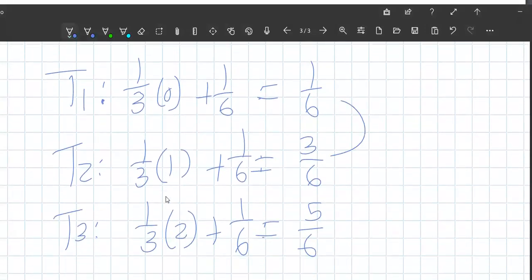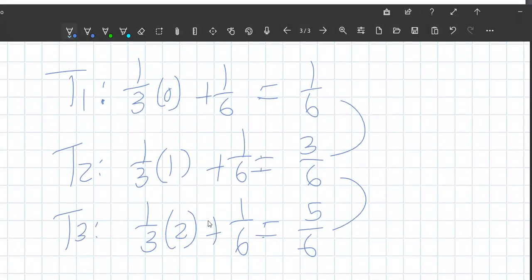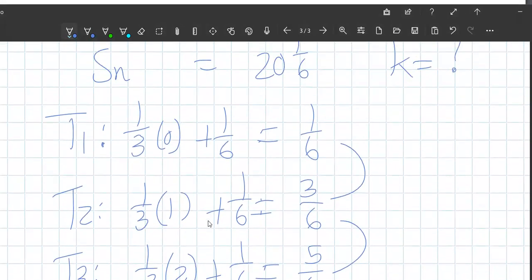Then I analyze the terms. I say, well, does it have a constant ratio R, or does it have a constant difference? To me, it looks like it's going to have a constant difference. So in order to find that out, you take T2 minus T1, which would give you D. So 3 over 6 minus 1 over 6 is 2 over 6.